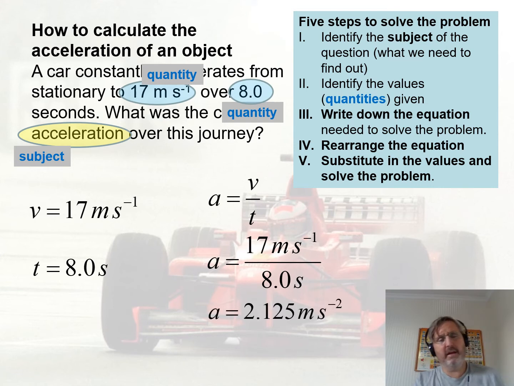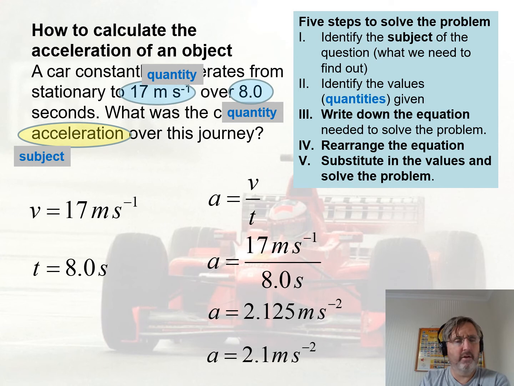And my answer here is 2.125 meters per second squared. That's the acceleration. But I only want this to 2 significant figures, so I round it to 2.1 meters per second squared. So this is how we solve a problem where we don't have to rearrange.